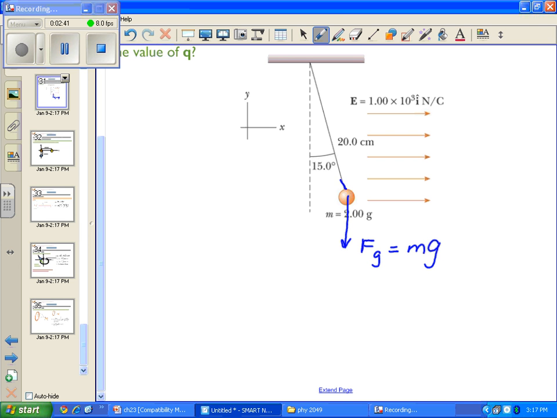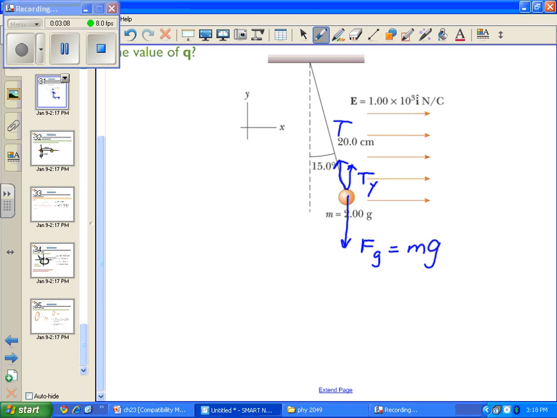Because it's attached to a string, there is also tension along the string. And this tension is going to have, of course, components. It's going to have a vertical component, and if there are no other forces along the y direction, that vertical component we expect should balance out the force of gravity.